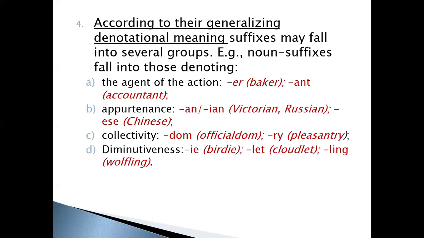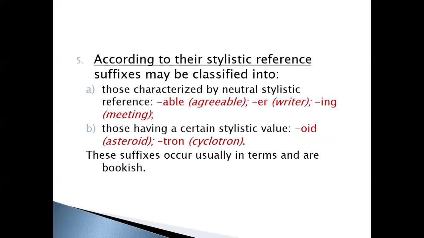Suffixes have denotational meanings. Suffixes may fall into several groups. For example, noun suffixes fall into those denoting the agent of the action, appurtenance, collectivity, and diminutiveness suffixes.